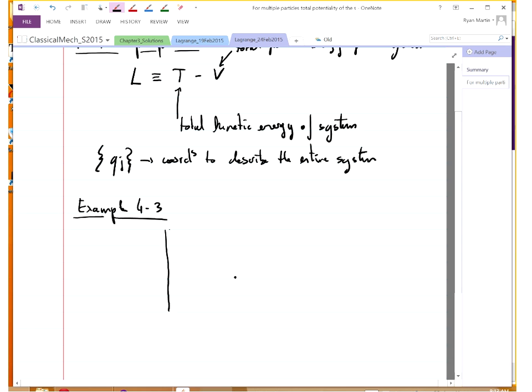So we have a ramp, and the ramp makes an angle theta. There are two blocks on it. Let's call the first one M1 and the second one M2.